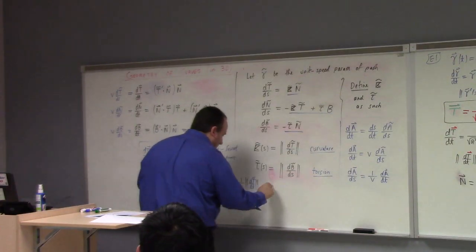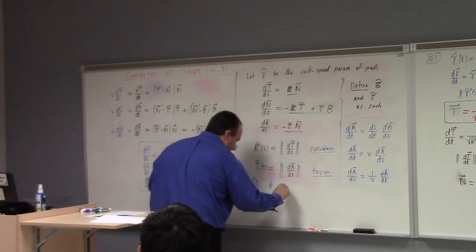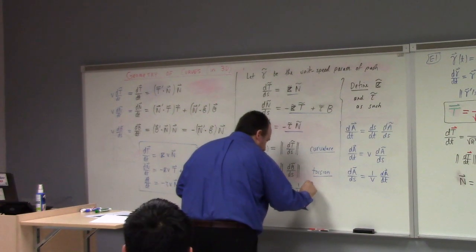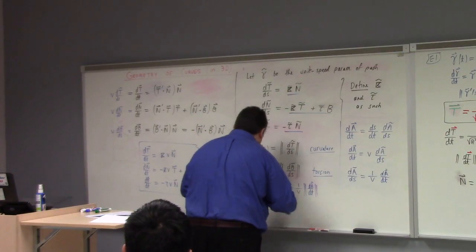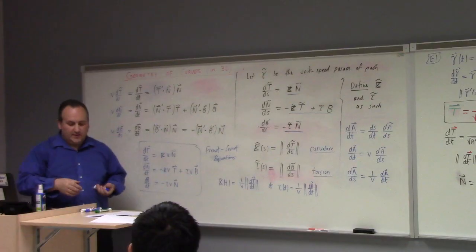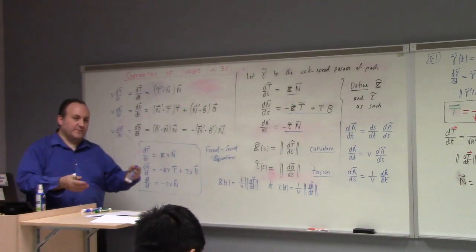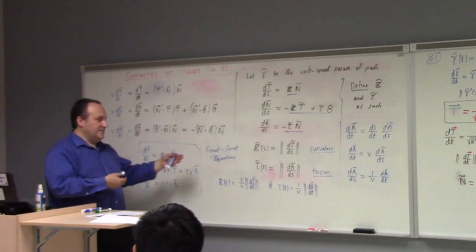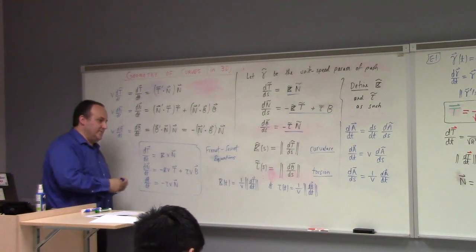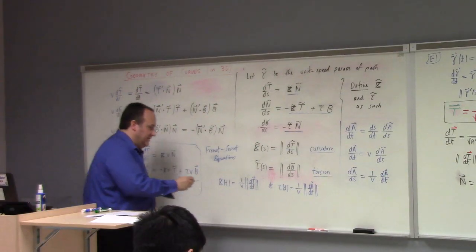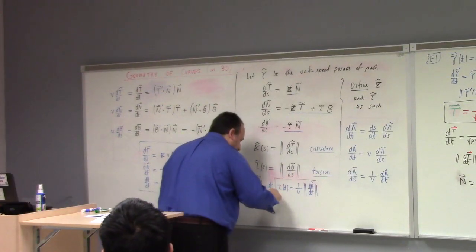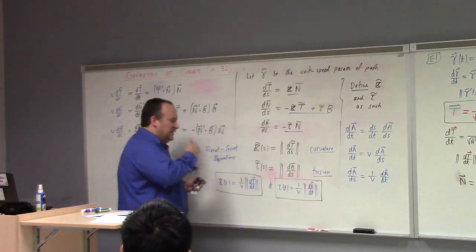And the torsion as a function of time is 1 over the speed times the magnitude of dB dt. So there are two paths to go down in terms of calculating curvature and torsion. The one path is to reparameterize your curve with respect to arc length. Then you can straight up use the definitions here and here to calculate curvature and torsion. The other path, which I usually recommend, is that we have to remember that we divide by the speed if the speed's not 1.